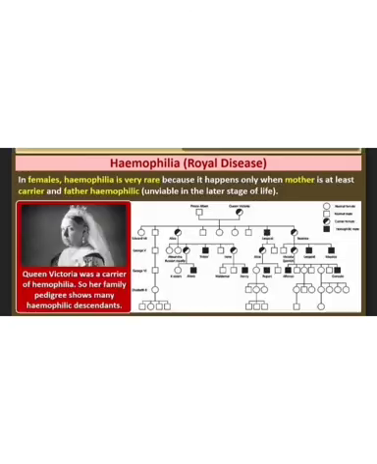The family pedigree of Queen Victoria shows a number of hemophilic descendants, as she was a carrier of the disease. So, this disease is also called royal disease. Hemophilia is also called royal disease.